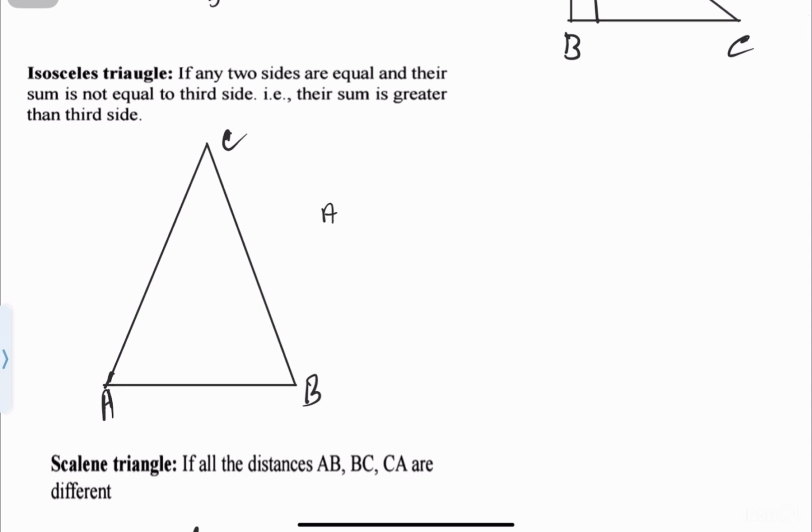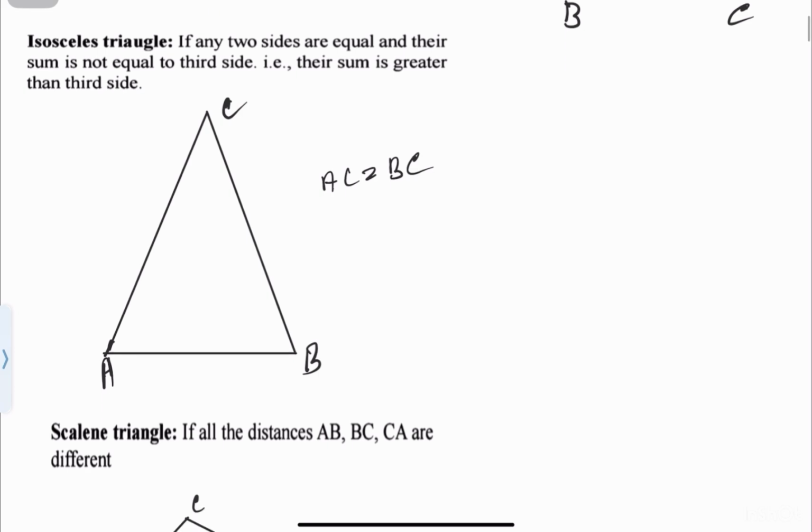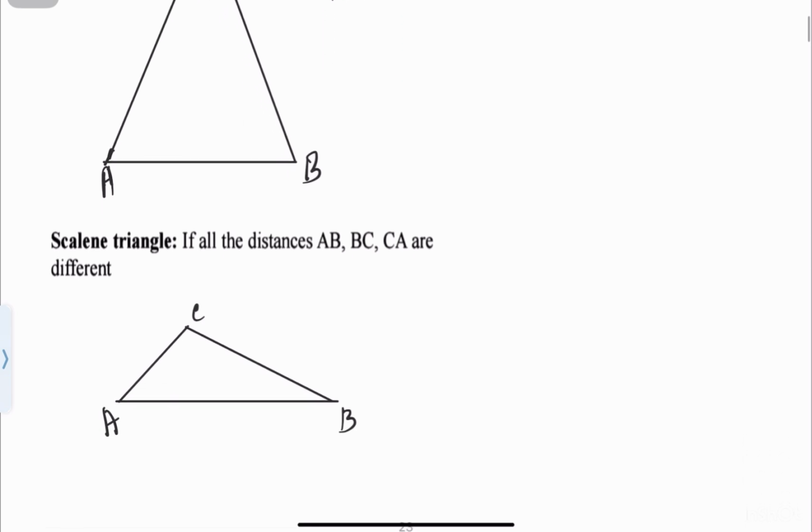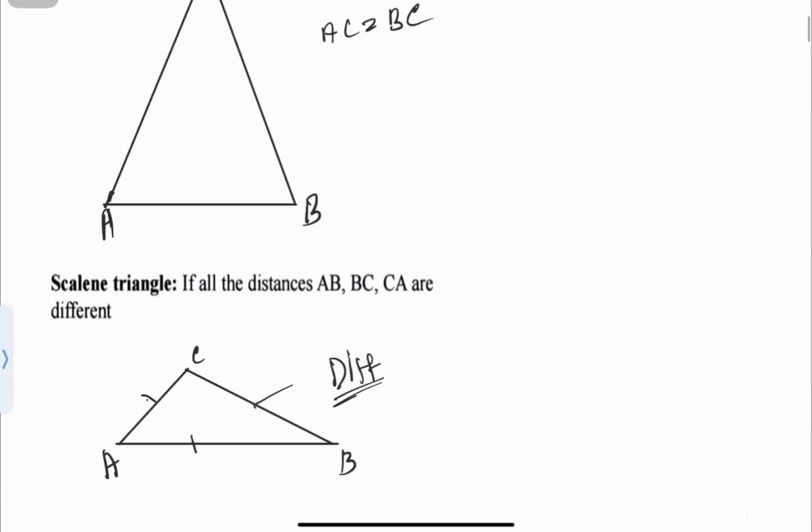Here AC equals BC. Don't care about AB. So that triangle is called an isosceles triangle. And a scalene triangle has all sides different. That means the lengths of AC, BC, and AB are all different. We call that type of triangle a scalene triangle.